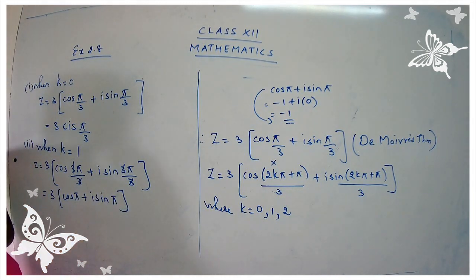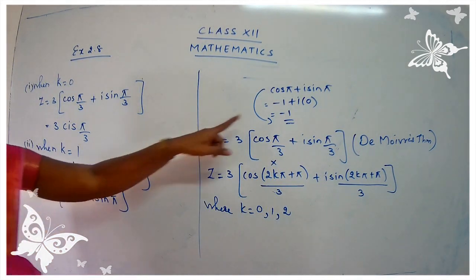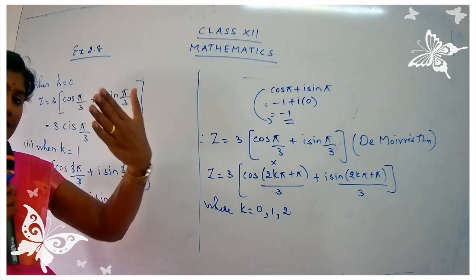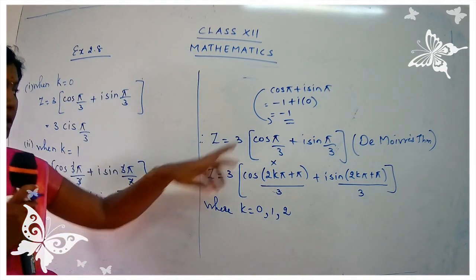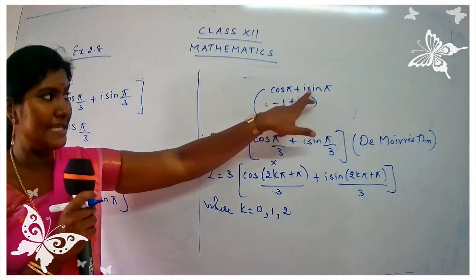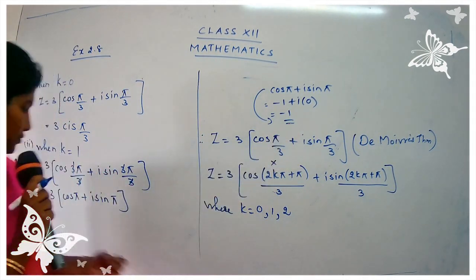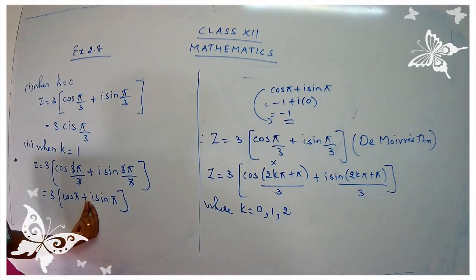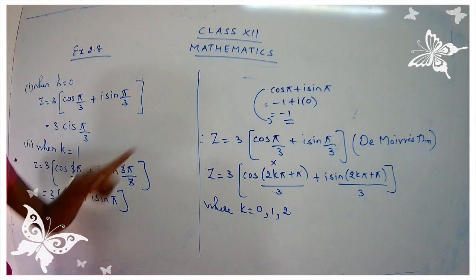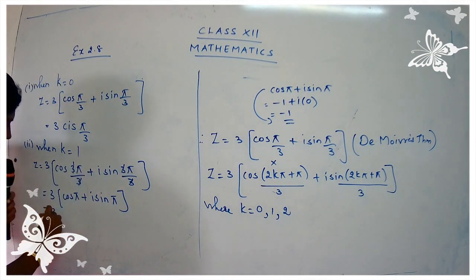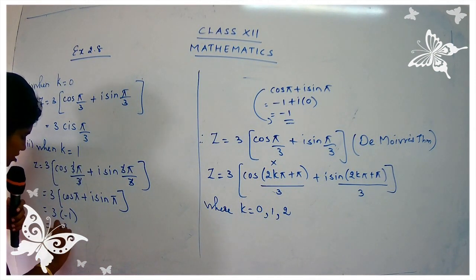This is what we started with, yes. Do you remember this thing? I have just replaced minus 1. That is, we started this sum with minus 1. So what we did, we just wrote cos pi plus i sine pi as minus 1. So here we have cos pi plus i sine pi, which is equal to minus 1. So you can just write down here 3 into minus 1, which is equal to minus 3.